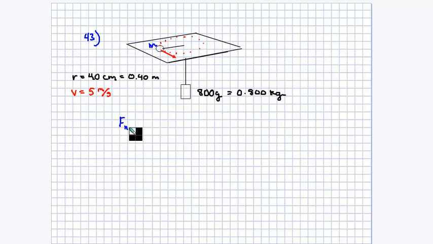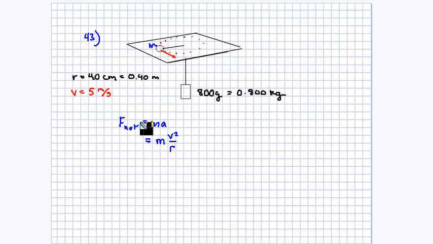F net equals ma. And since we're moving in a circle, we can replace our a with v squared over r. Now the m here is the m of the thing that's going in the circle. So that's the mass of the puck up here, and that is indeed the mass that we're after.